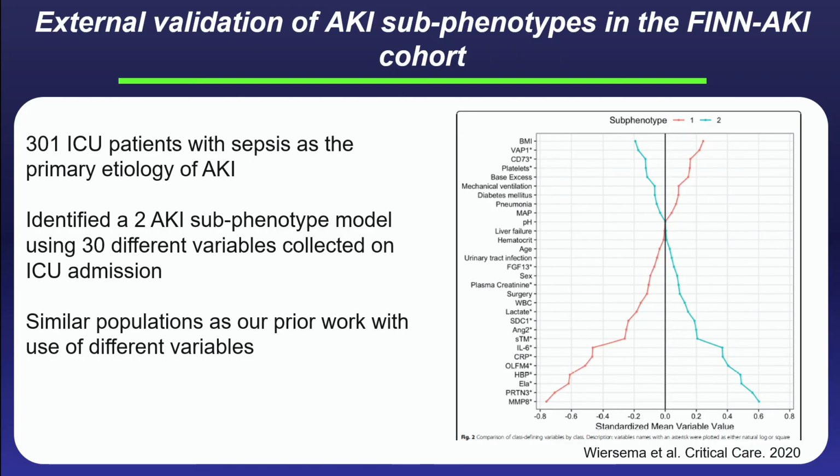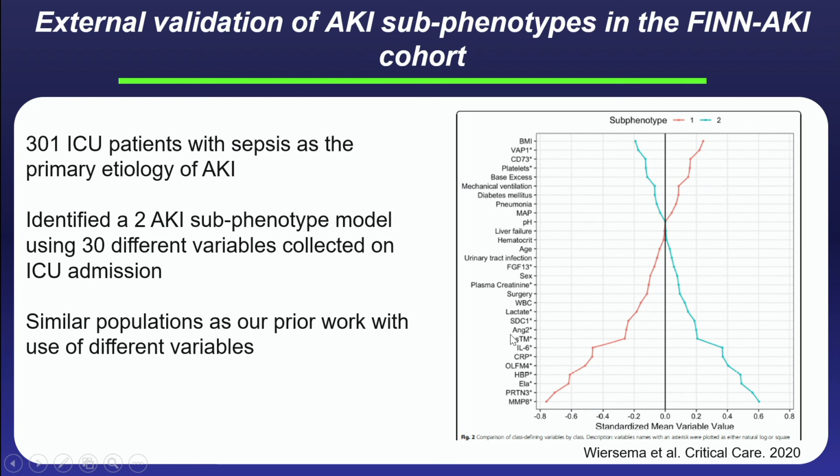So then, we're not the only group looking at AKI subphenotypes. This is data from the FinnAKI group, the Finland group that was also looking in their ICU patients with sepsis. They're trying to identify similarly AKI subphenotypes. So they had 301 patients. They used 30 different variables, and some of those overlapped with ones that we looked at, including angiopoietin 2, lactate, as well as creatinine.